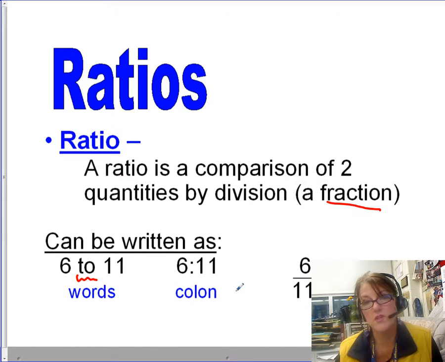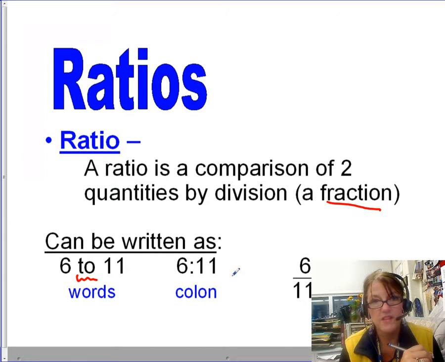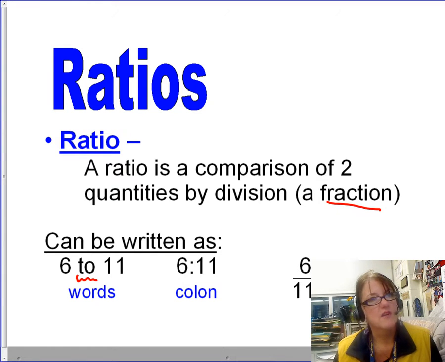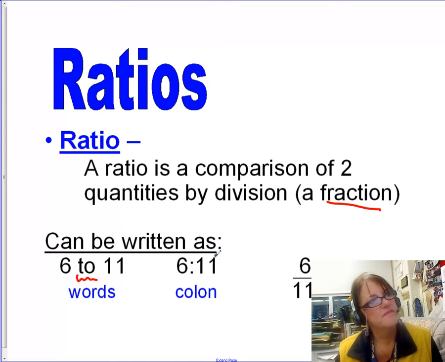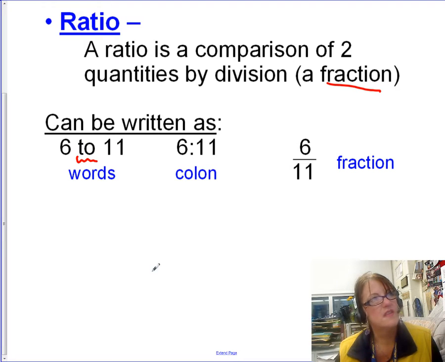Sometimes we'll use words, so we'll physically write 6 to 11. Sometimes we will write it this way using this colon, 6:11, and you read it the same way. Or you write it as a fraction, 6/11, and you might still say 6 to 11. Okay? All right.